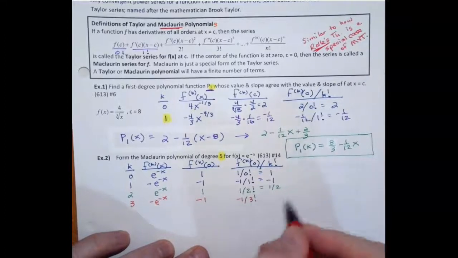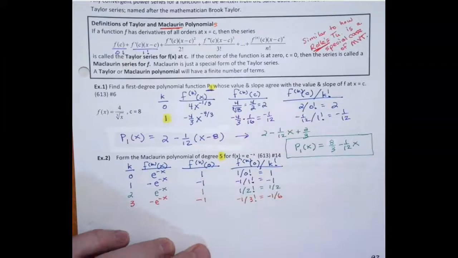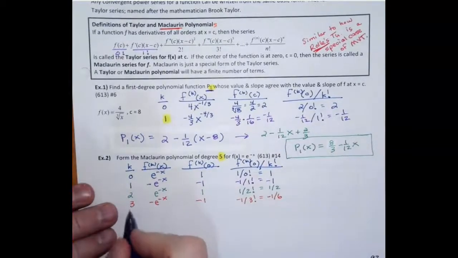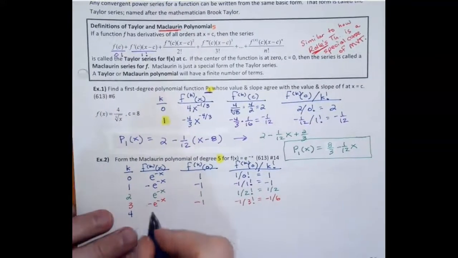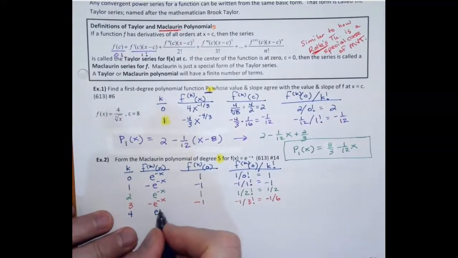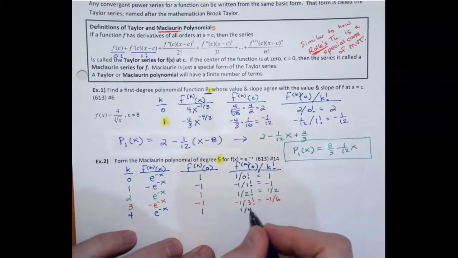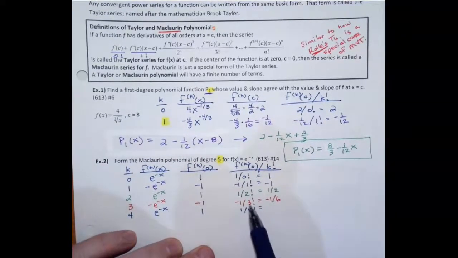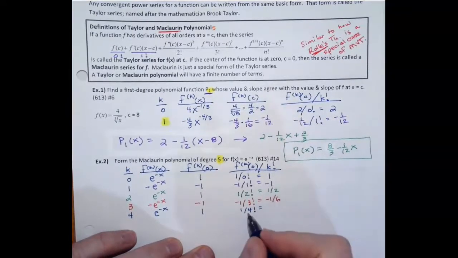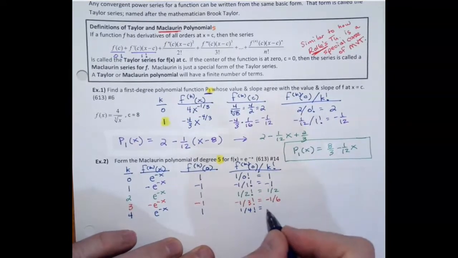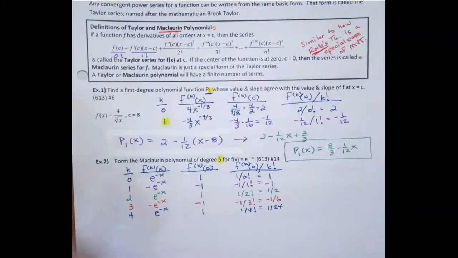So now we're going to have negative 1 divided by 3 factorial, so that's going to be negative 1/6. And now I'm switching back to blue, but derivative again. So these are just alternating, so that should not be much of a problem. And here we need to multiply that by 4, because that's 3 factorial, so 4 times 4. So that's going to be 1/24.